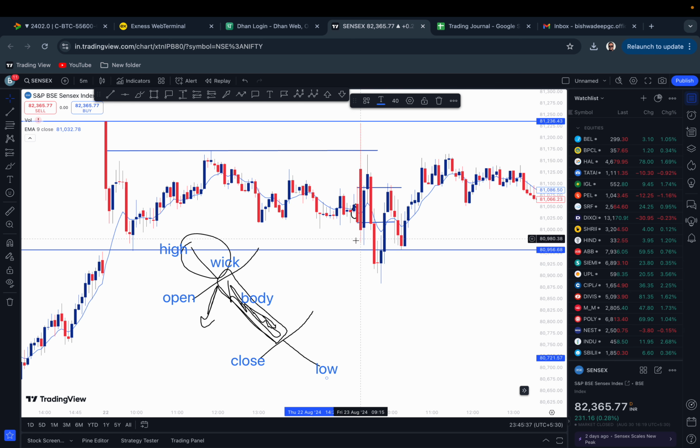And after that, similarly a bullish candle formed with its low nearly the same as the previous candle over here, and it touched the middle portion of that previous candlestick.